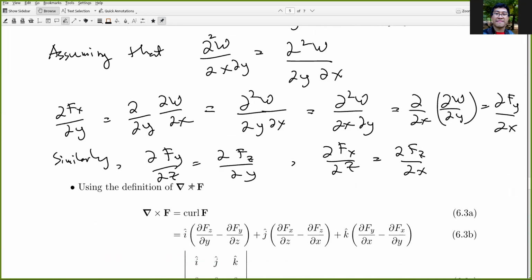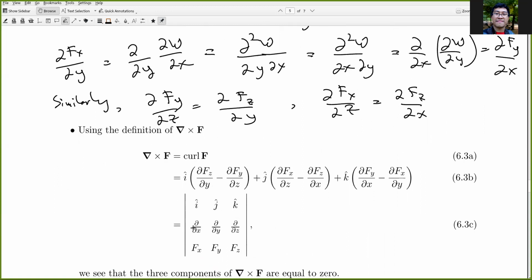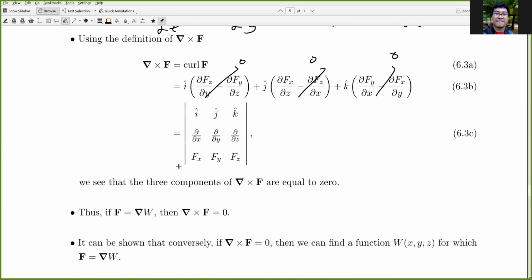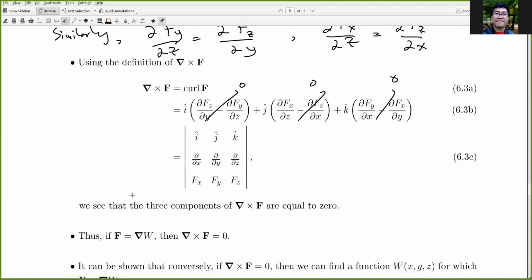Now, if we use our definition, the curl of F is given by this, so that's when we evaluate this determinant. If partial Fz with respect to y is equal to partial Fy with respect to z, then this is 0. This will also be 0 because of this, and this is 0 because of this. So the three components are equal to 0.